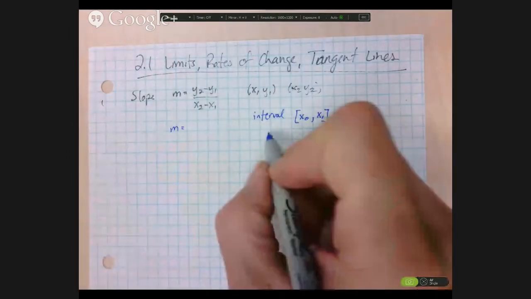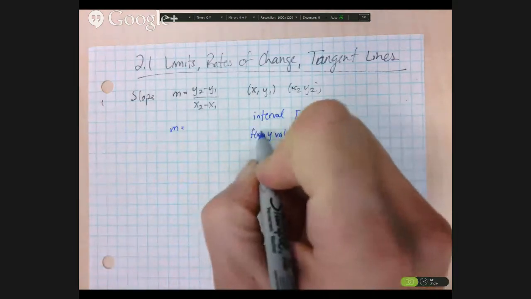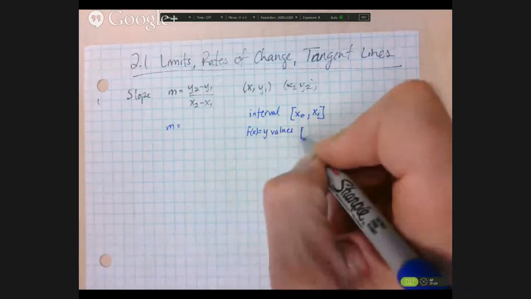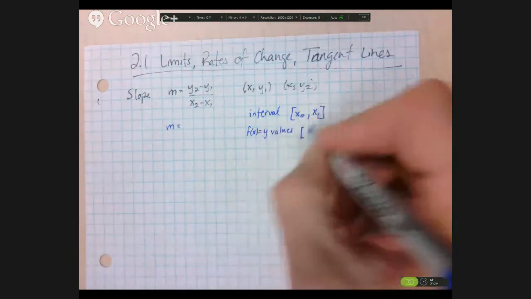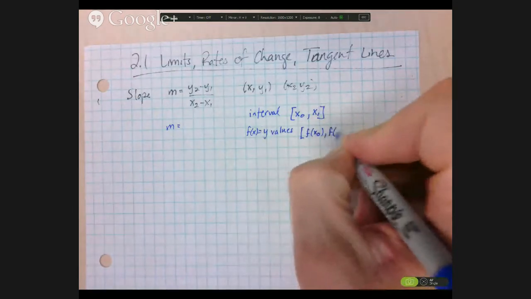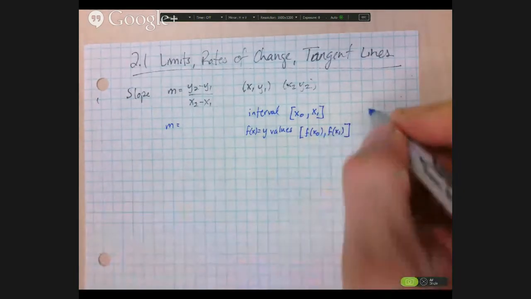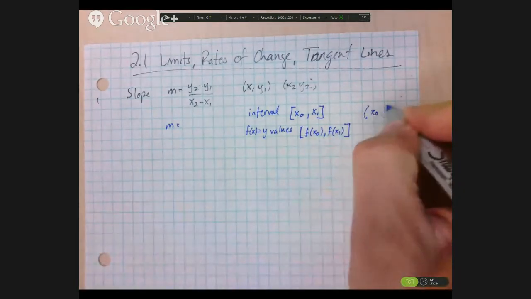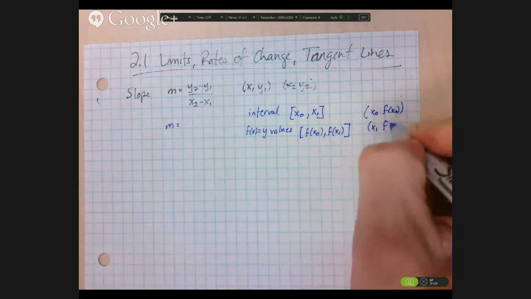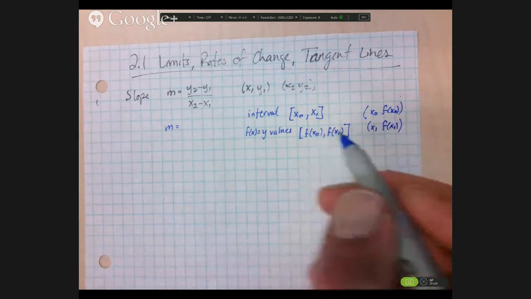The y values or f of x values, as we're going to call them, over that interval, so the range, we'll just be evaluating that function. Okay, so what we have for points are x0 and f of x sub 0, and x1 f of x sub 1.